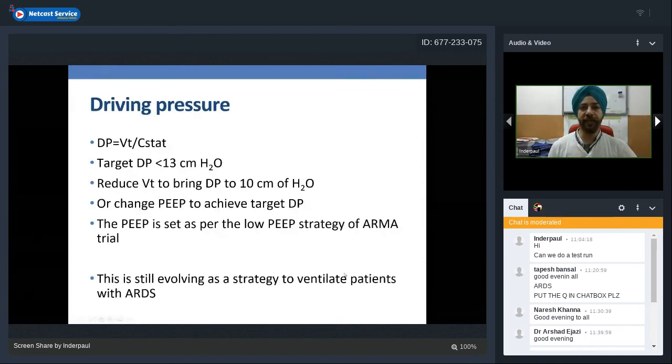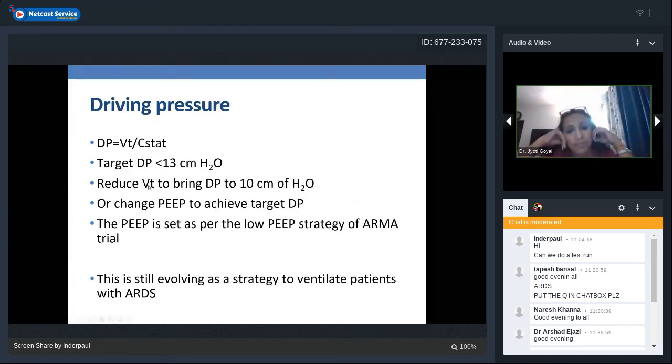So much so that driving pressure was found to be an independent predictor of survival, even adjusting for tidal volume. So whether you use a low tidal volume strategy, if your driving pressures are high, your patients are going to die. So they suggested that it is not the low tidal volume, but rather the driving pressure which decides whether the patient is going to live or die.